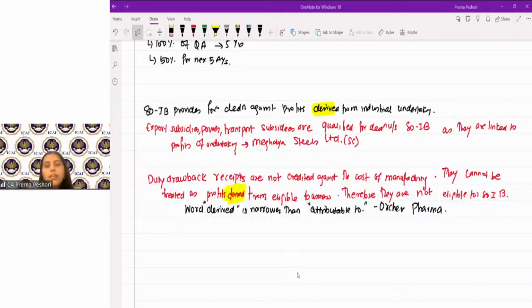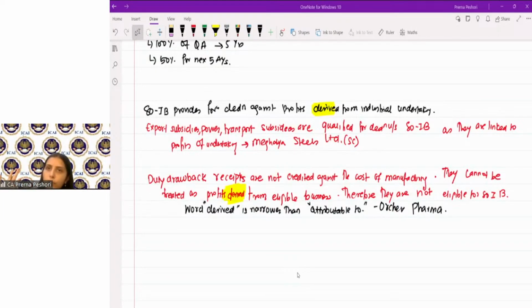Here the Karnataka High Court held that the deeming provision contained in 80IA cannot override the provisions of Section 70. The assessee had a loss in the eligible business after claiming depreciation, so he is not claiming 80IA, because 80IA can be claimed only when there is a profit.